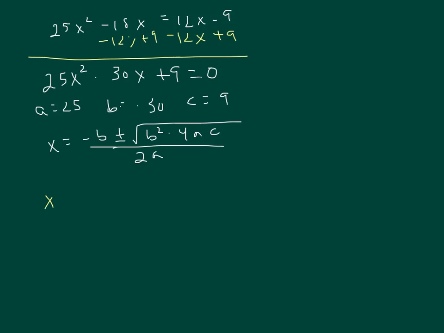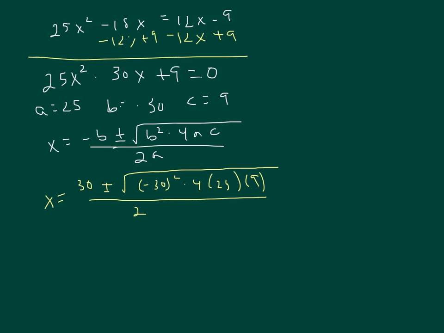Okay, so now in practice, that was theory. Opposite of b is now positive 30 plus or minus this big square root, negative 30 squared minus 4 times 25 times 9, all over 2 times 25.